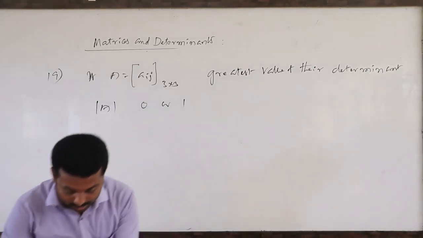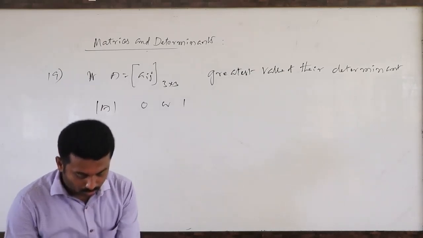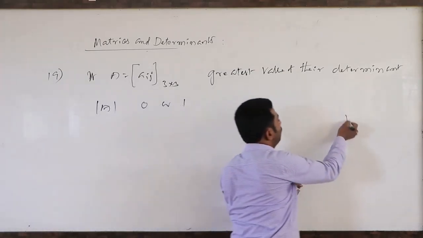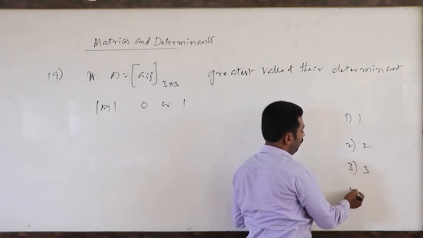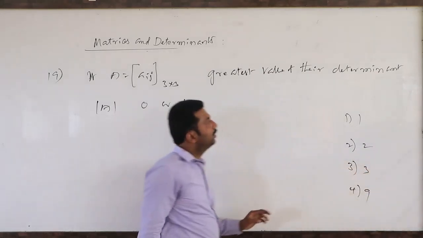So we'll see options also: first option 1, second option 2, 3, 9.